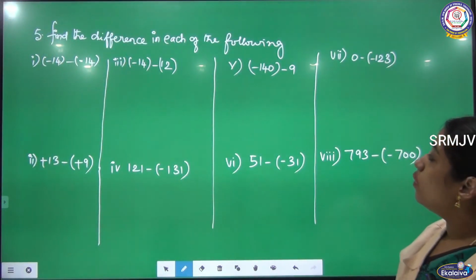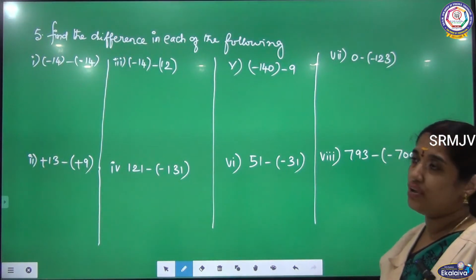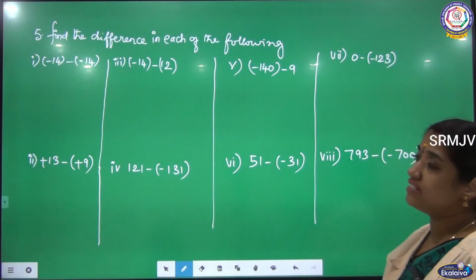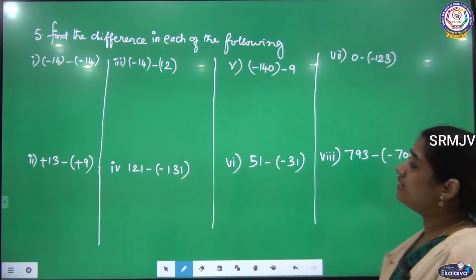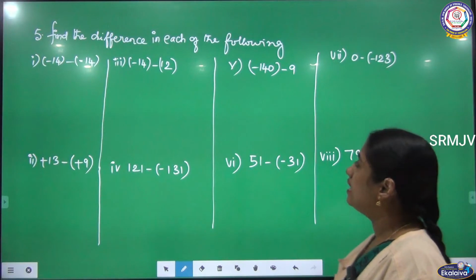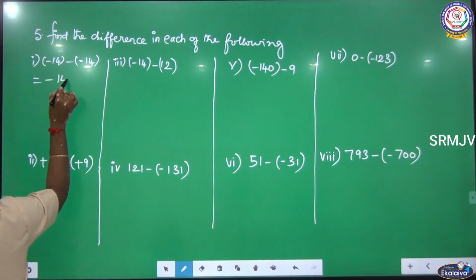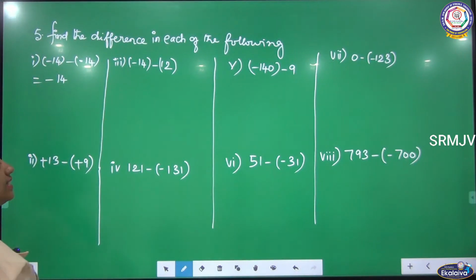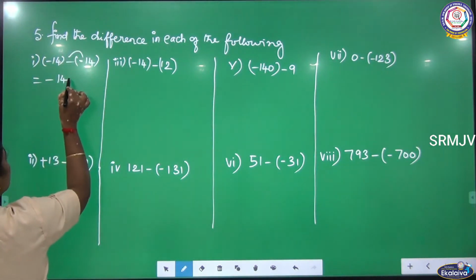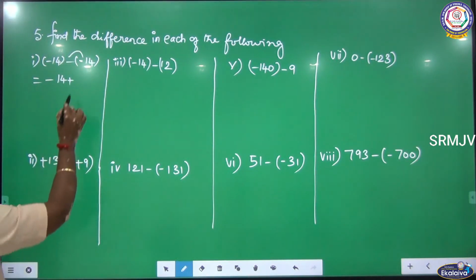Now listen, find the difference. You are going to find the difference of the two given numbers. Here, minus 14. First remove the brackets and then subtract. Minus 14, and minus into minus is plus 14.